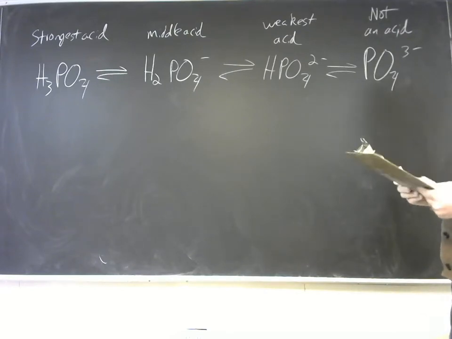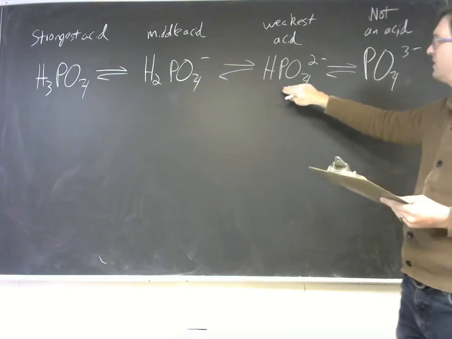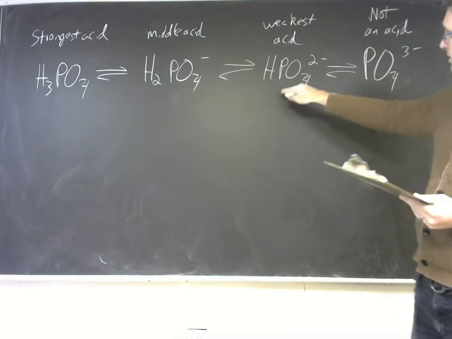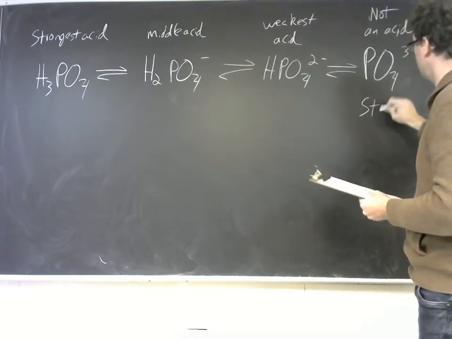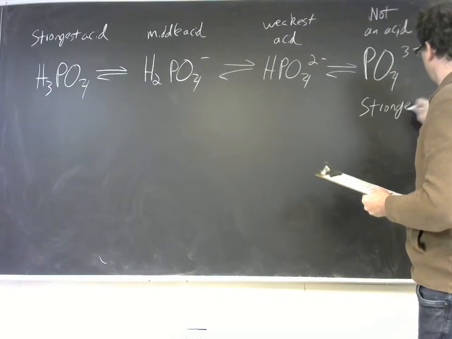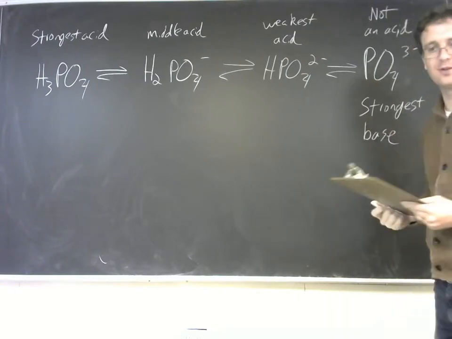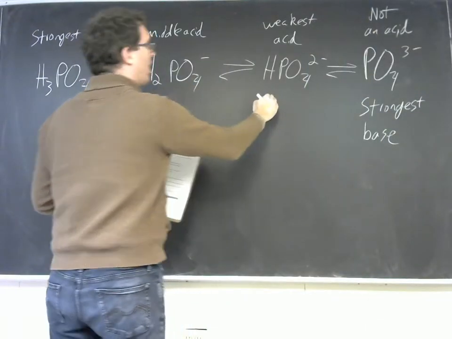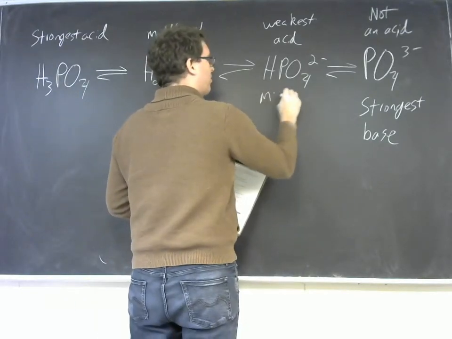So we can look at how the conjugate base to HPO4 2- is phosphate. If this is the weakest acid, then that must mean phosphate is the strongest base. Strongest base in this series. And then HPO4 2- is the conjugate base to the middle acid, so this must be the middle base.